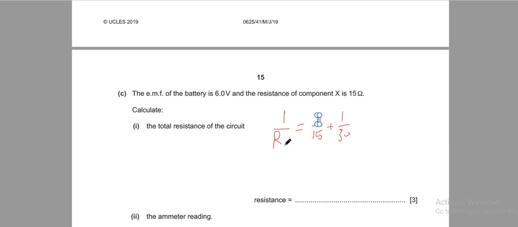This is 1 over R combined, or R combined equals 30 times 15 over 30 plus 15.